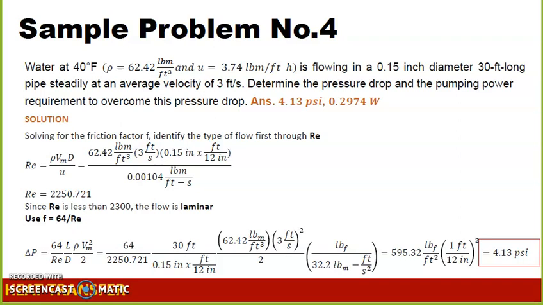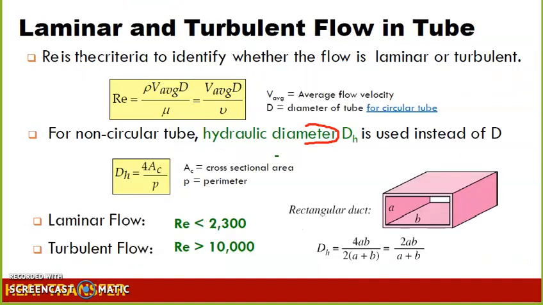Again, to evaluate whether it is turbulent or laminar for internal forced convection, we need to solve for the Reynolds number. If you can still recall the formula for Reynolds number, it is our criterion in identifying whether the flow is laminar or turbulent.